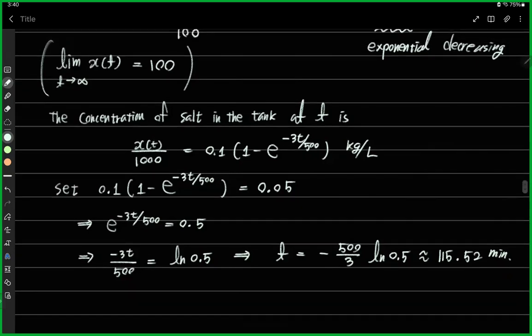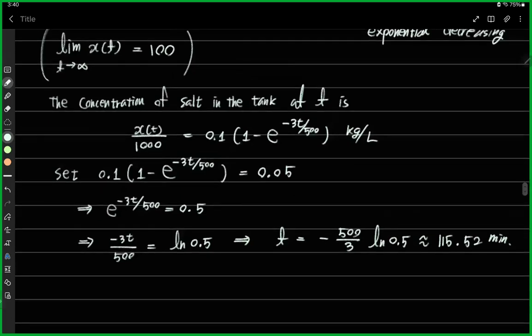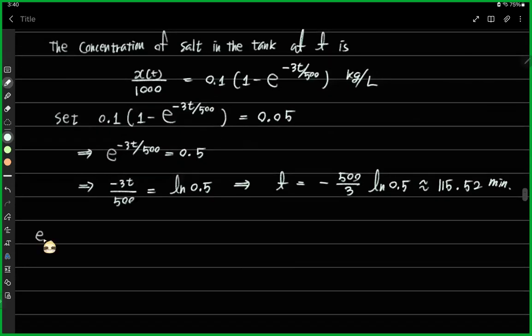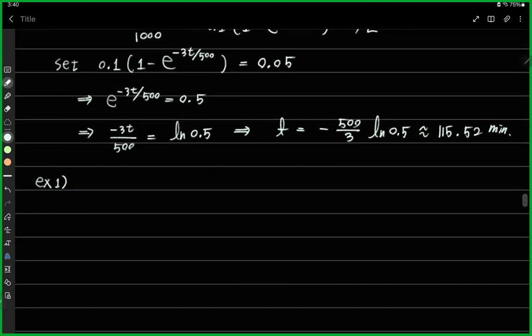So that's example one. Example two is similar to example one, but the only difference is that the volume rate in is different from the volume rate out. So here's x of t.